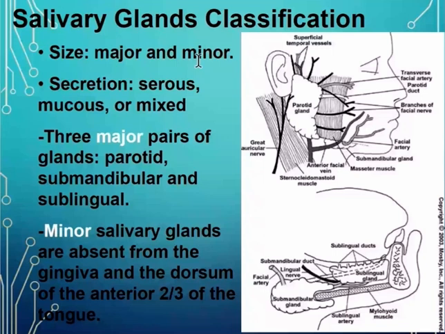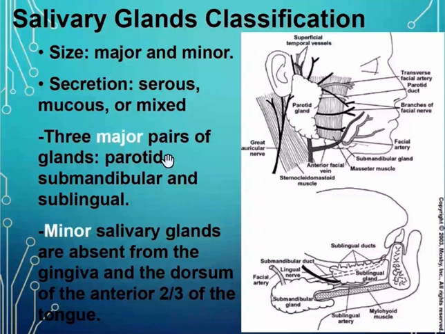We have three major pairs of glands. Pairs means on both sides. They're major because of their size and because of their development. So they're found at both sides: the parotid, the submandibular, and the sublingual glands. And this is according to their size, from biggest to smallest.